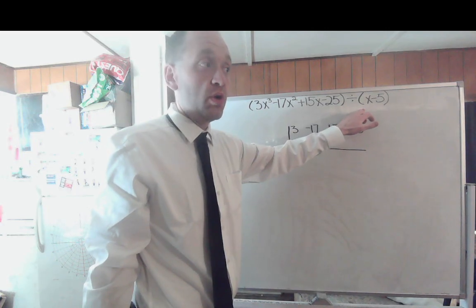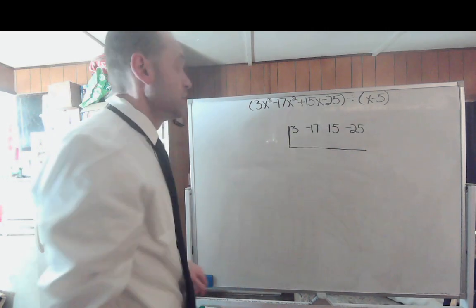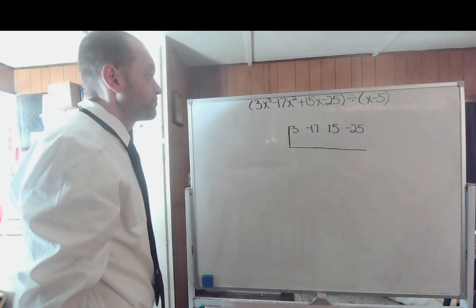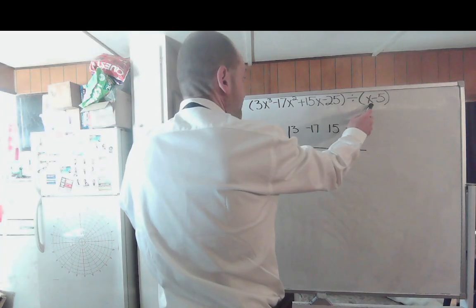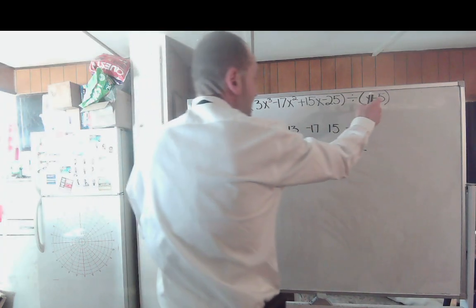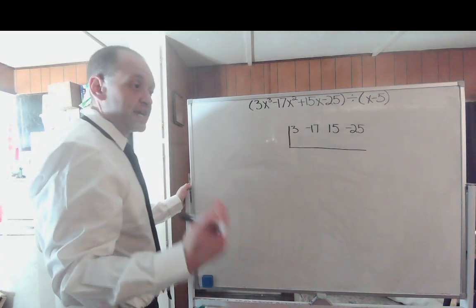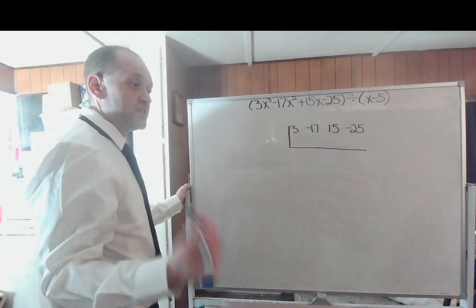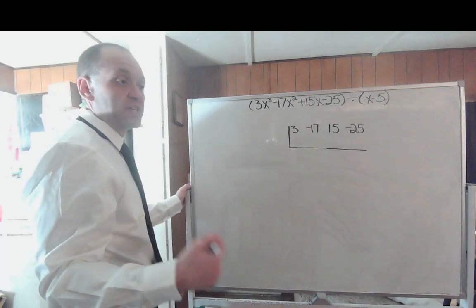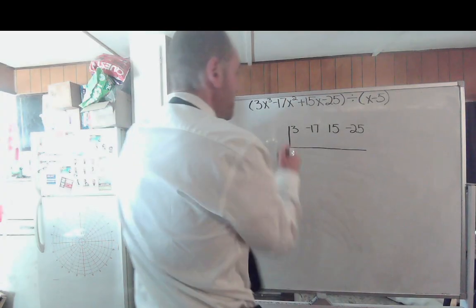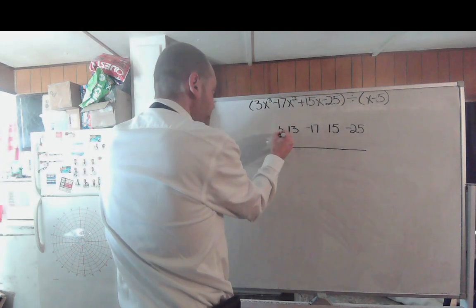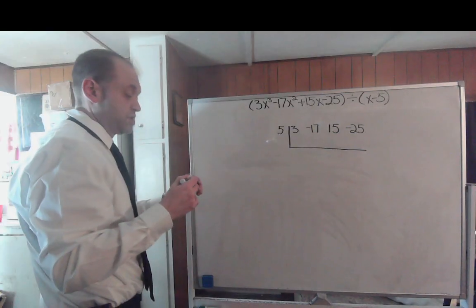If it's not 1, you need to make it 1. But anyway, what you have to do is take that x minus k, in this case x minus 5, set it equal to 0, and you would get x equals k, or x equals 5 in this case. You're going to divide by positive 5. That's what you would do.